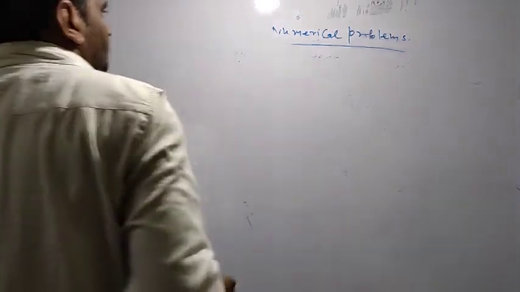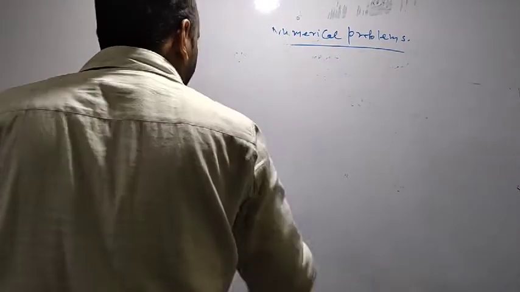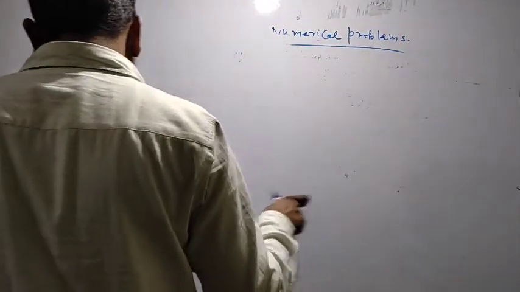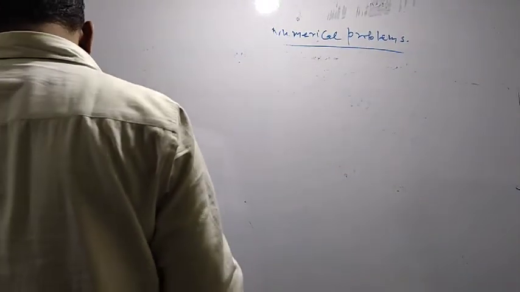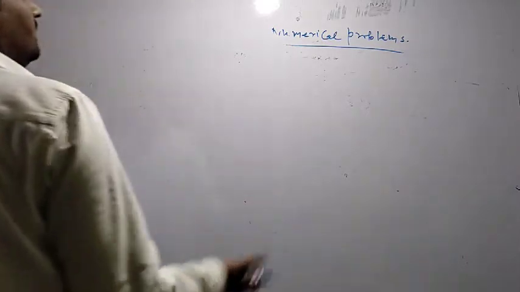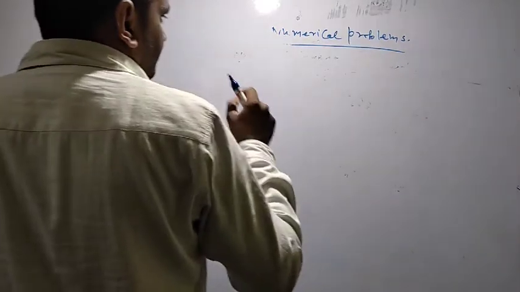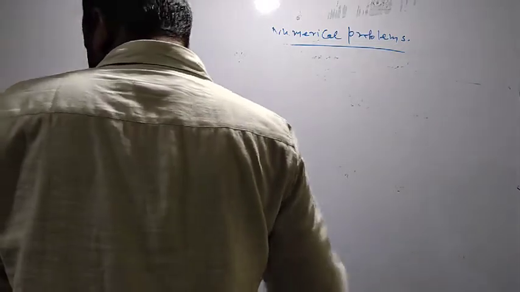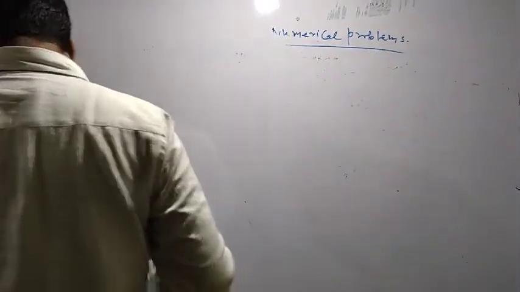Now suppose other problems on this asymmetric charge distribution. Over the surface, here we have taken a ring. Now over a sphere.